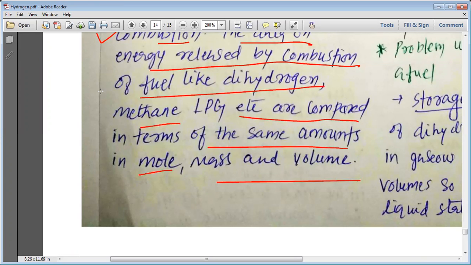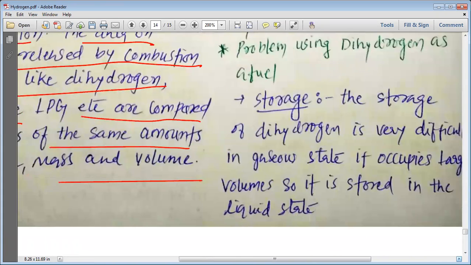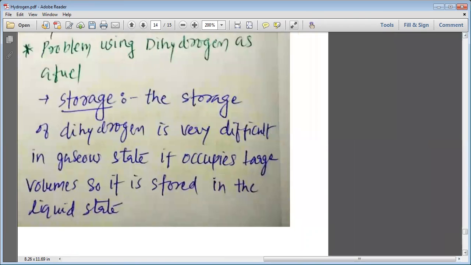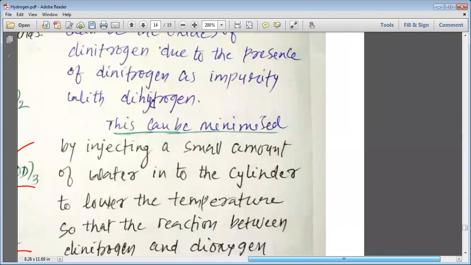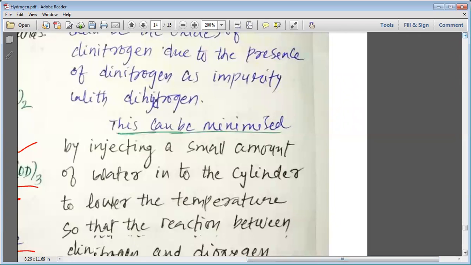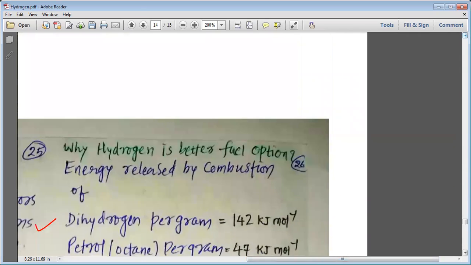So, my dear students, to understand which fuel is better, we compare the same amount of each fuel and see how much energy it produces. We can compare by the same mass of fuel, or the same volume of fuel, that means 5 liter, 10 liter, 1 liter, or per liter.